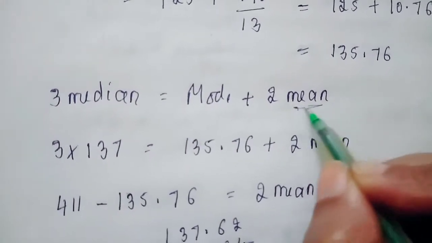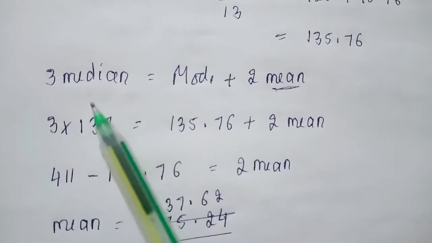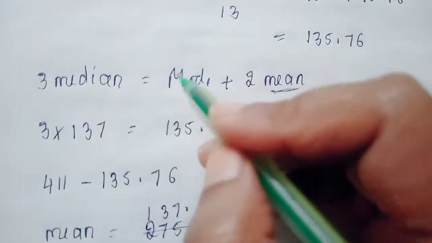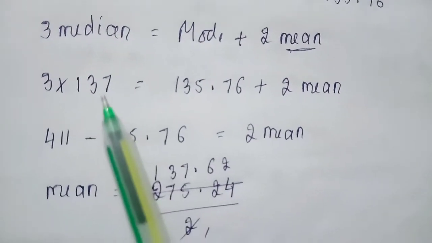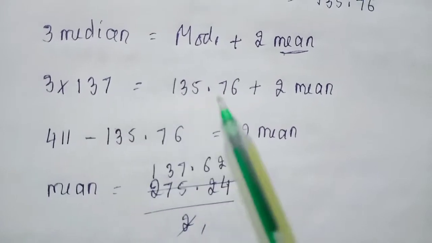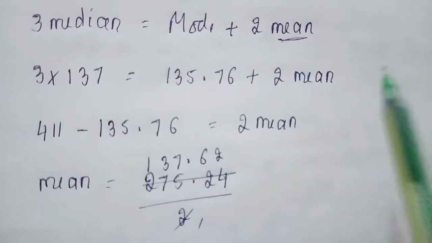Now this is the formula which is the relationship between mean, mode and median: 3 median equals 1 mode plus 2 mean. Now substitute the values. Median you know already, 137. 3 into 137 equals 135.76 plus 2 mean.